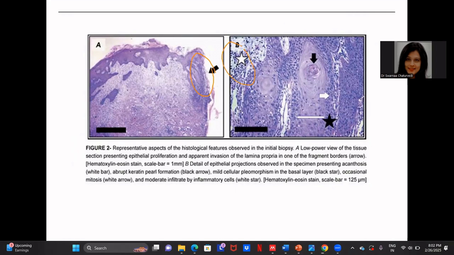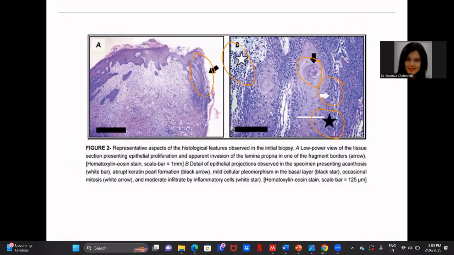Then you can see keratin plugs present, and you can see occasional mitosis in these areas. There will also be mild cellular pleomorphism in the basal layer.